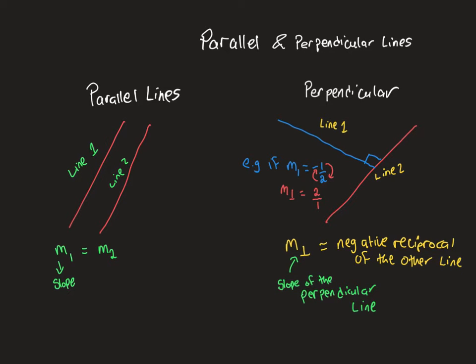Because it was originally negative, my negative reciprocal is going to be positive. Now, of course, I can simplify this because 2 divided by 1 is just 2.